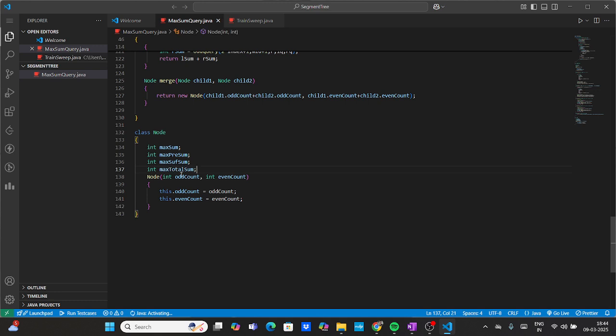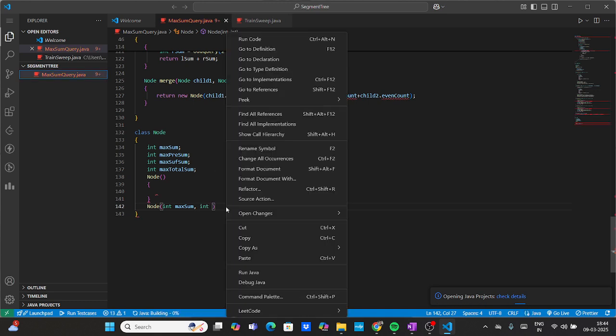Is it fine? Yes. Okay, so we will initialize an empty constructor and we will initialize a constructor with values. Is there any shortcut to generate this?